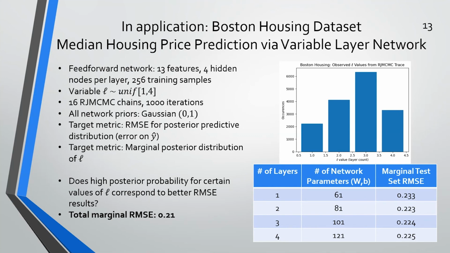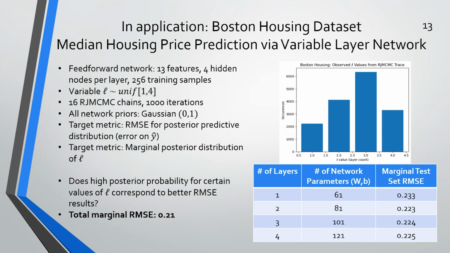And so as the Markov chains run in parallel, they occasionally visit Bayesian neural networks of different sizes. And at the end of the run, you can marginalize over all of your training samples. And that's this value here, which gives us our RMSE of 0.21. Or you can marginalize by individual chains, or for example, by number of layers.